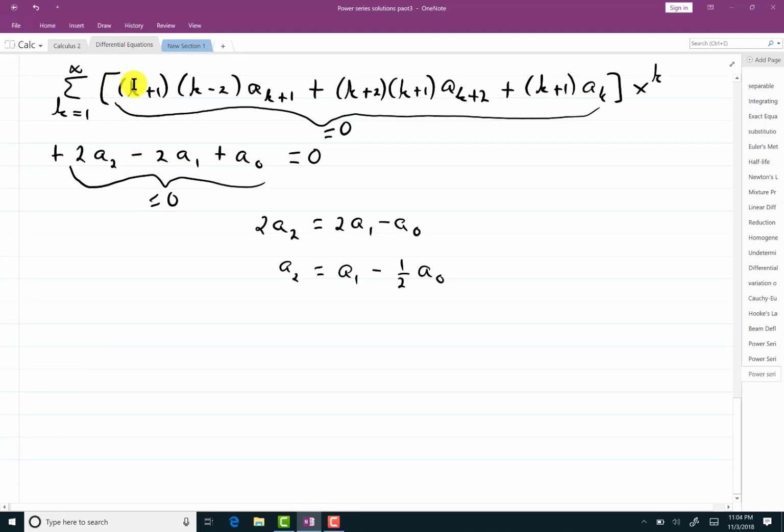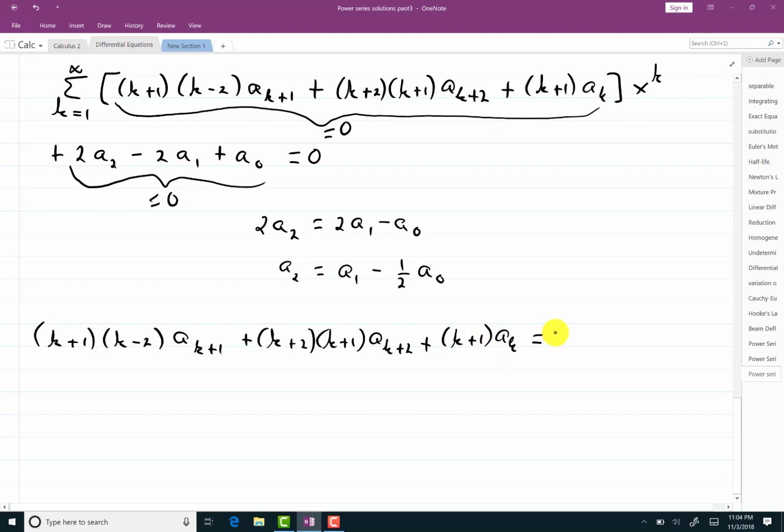And then let me go ahead and set this whole thing equal to 0. All of that stuff's going to equal 0.